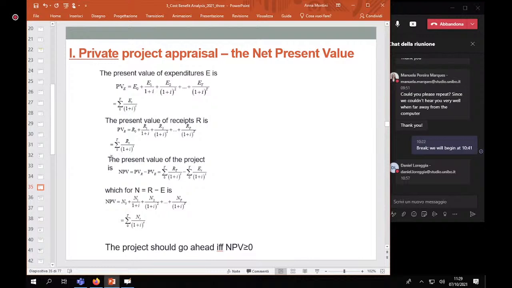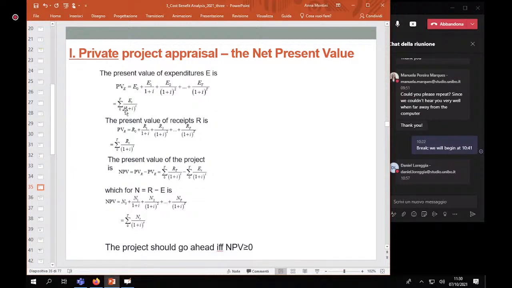Look at this. If you have expenditures indicated with E, the present value of your list of expenditures will be E0, plus E1 divided by 1 plus i, plus E2 divided by 1 plus i to the power of 2, because you are in year 2, and the same when you reach year T. In some formulas you have a different notation, T instead of N, okay, but the formulas are the same.